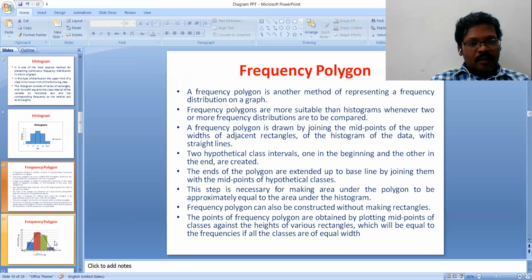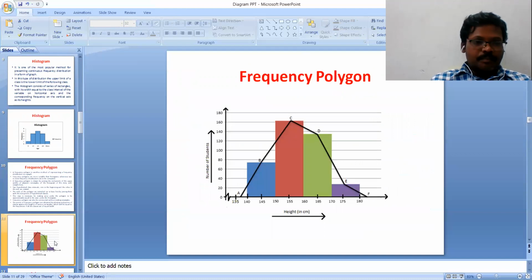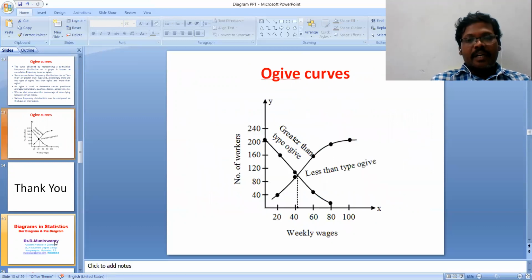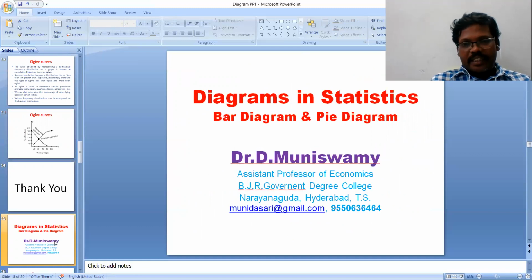Here we take the histogram, but we take the mid values from each rectangular shape of the histogram. We also discussed ogive curves, like the greater than type ogive curve and the less than type ogive curve. All these things we discussed in the previous slides.